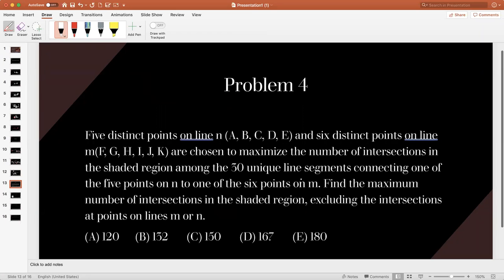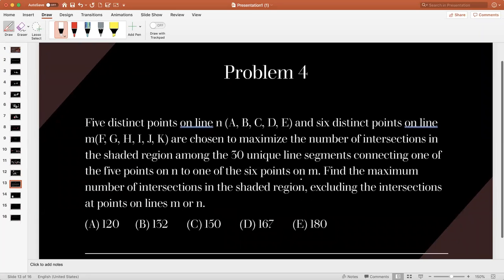Problem 4. 5 distinct points on line N, A, B, C, D, E, and 6 distinct points on line M, F, G, H, I, J, K are chosen to maximize the number of intersections in the shaded region among the 30 unique line segments connecting one of the 5 points on N to one of the 6 points on M. Find the maximum number of intersections in the shaded region, excluding the intersections on the points on line M or N. I noticed this question does not have a diagram.